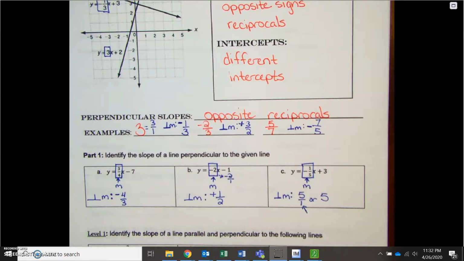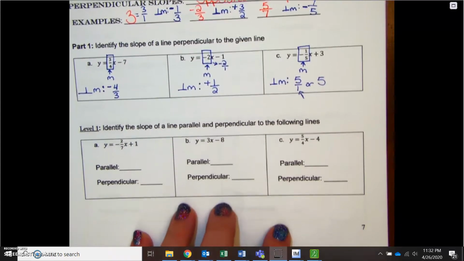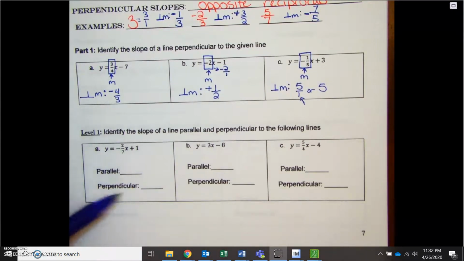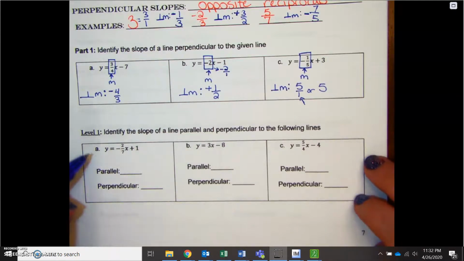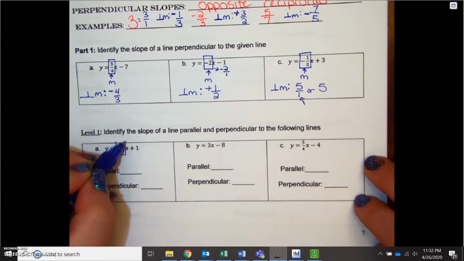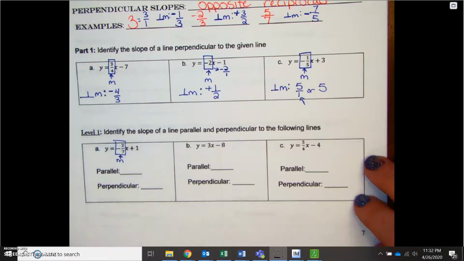Let's kind of put all this together. So in this equation here, I need to first identify my slope. Anytime they ask you anything about finding the slope of a line that's parallel or a slope of a line that's perpendicular, step one is always, what is the original slope? It's already in slope-intercept form, so my original slope is just -2/7.